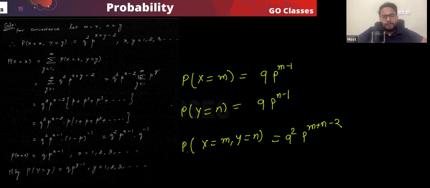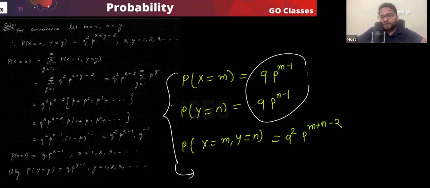Okay. Now tell me, is this hard to verify whether both are independent or not? No, right? So you can do this easily. So from this, you can say both are actually independent, right? Because multiplication of these two is actually this, right? So you can say x and y are independent.